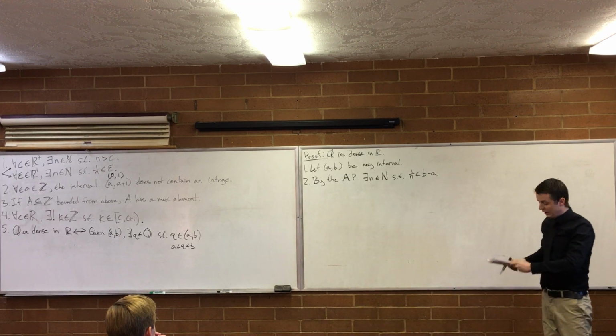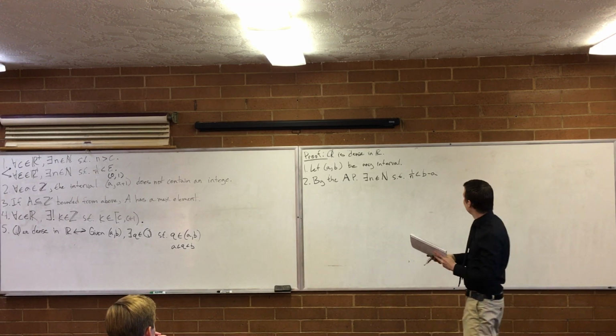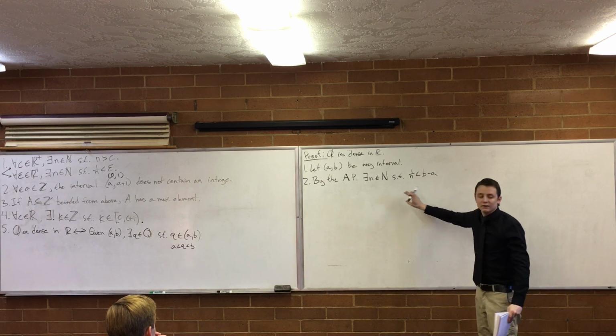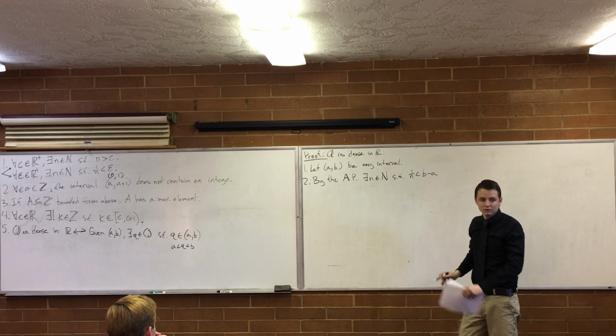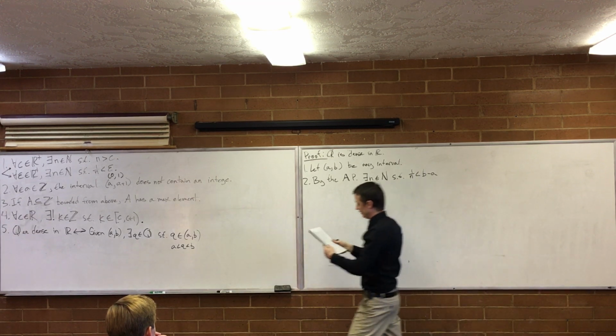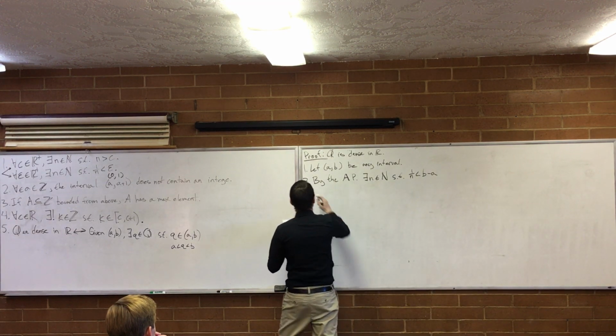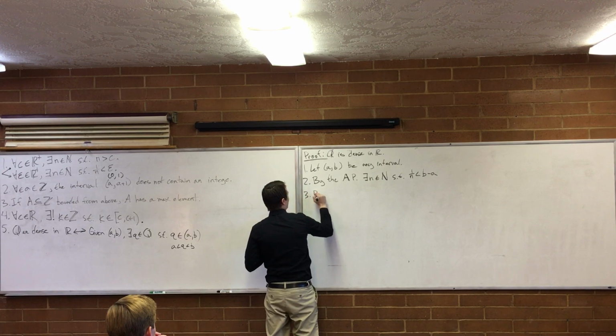Because then I'm going to find an integer in a special interval that implies a rational is in that interval. I'll just show you, and then I think walking through it carefully will help.